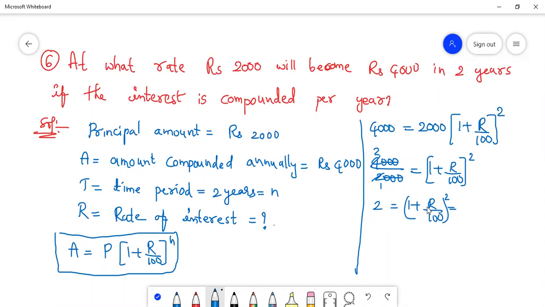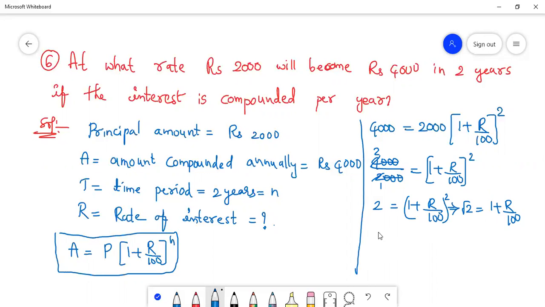Taking the LCM is one method and taking the square root is the other method. Square root is equal to 1 plus R by 100. Why? Because we are taking the positive square root. The rate of interest is positive only.